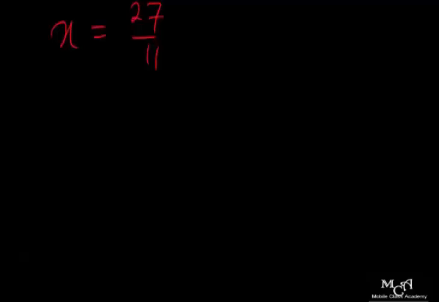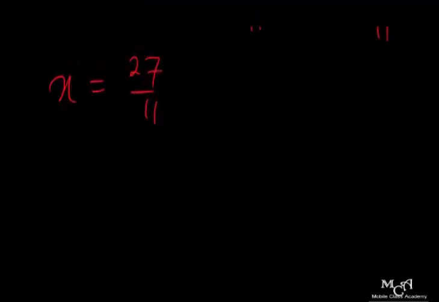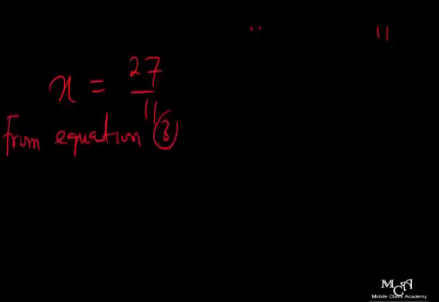To get the values of y, we said that from equation 3, your y is equal to what? 10 minus 3x. Y is equal to 10 minus 3x. So in this case, anywhere I see x, I'm going to substitute.